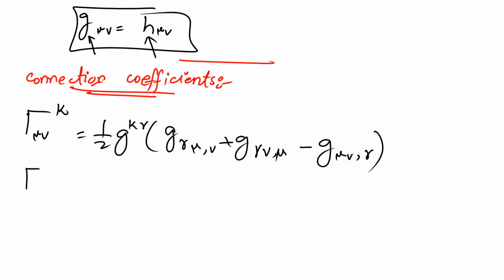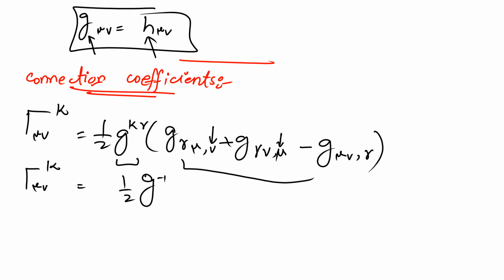In mathematics we don't like this kind of long equation, so we have to make it short. Then we can write it in short notation, because if we write it in contravariant form, it looks long. You can see this is a derivative with respect to nu, this with respect to mu, and this with respect to gamma. So why not write them as partial derivatives of g? This is the inverse of the upper one, that's why I write it this way.